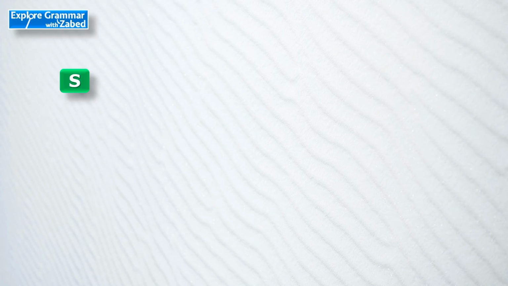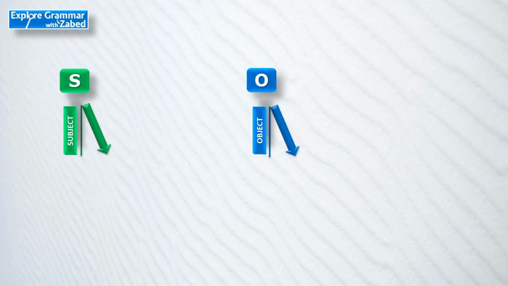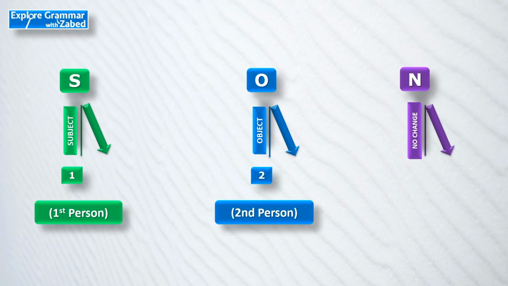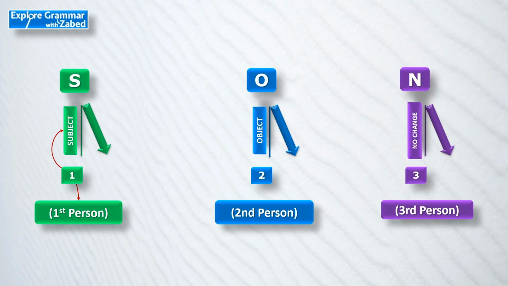Here, S of the SON formula stands for subject, O stands for object, N stands for no change of the reporting speech. Again, one of 1, 2, 3 formula, 1 stands for first person, 2 stands for second person, and 3 stands for third person of the reported speech.